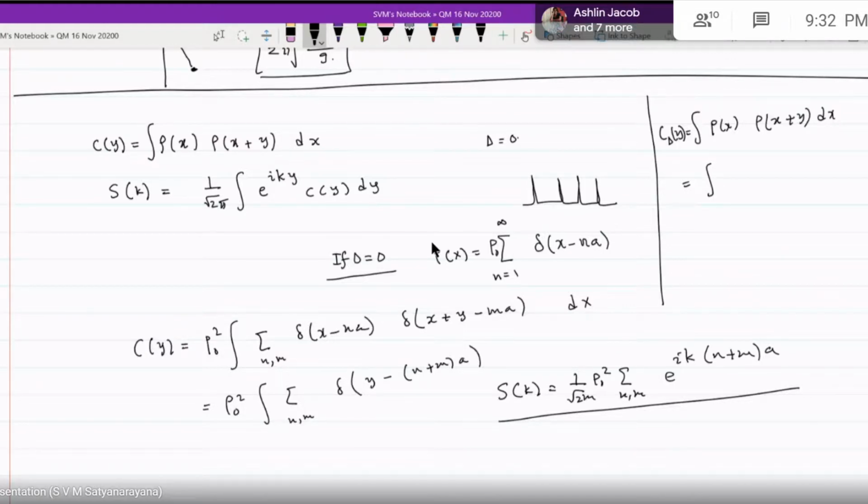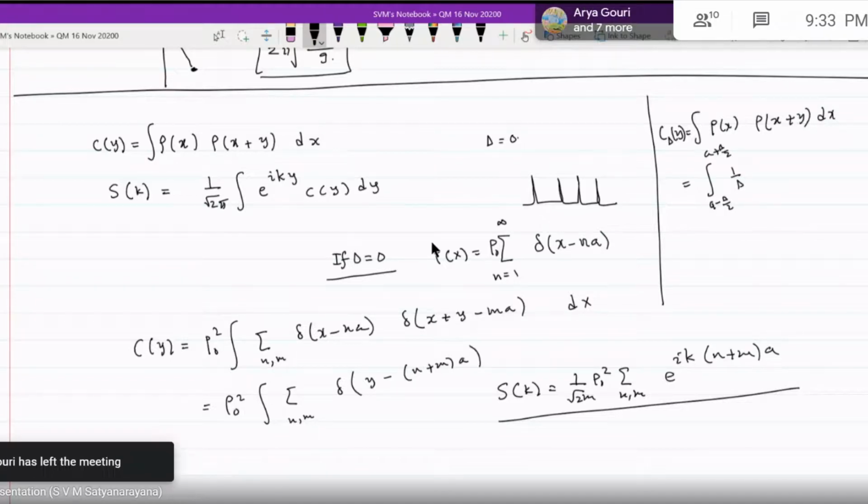If you are starting from a minus delta by 2 to a plus delta by 2, then this is 1 by delta, and this will be again kind of a constant.